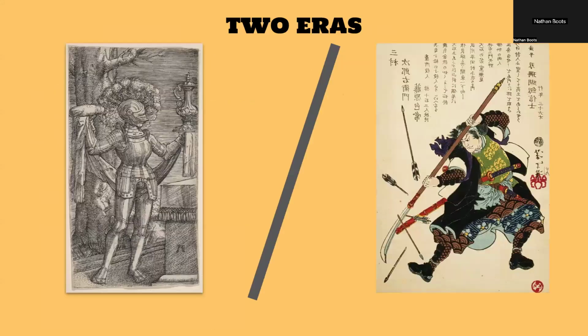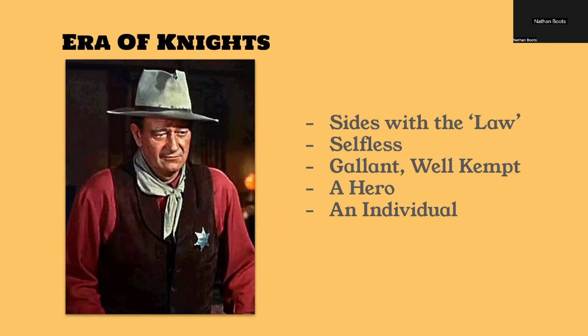Between these two eras, however, is an interesting relation, in that you have the 1940s and 50s with World War II and the aftermath of that, and then you also have the 1960s and 70s with their Vietnam War films and their cowboy films, where we get two eras. The first, with World War II, is like the era of knights, where we have John Wayne and those classic films where they're much more lawmen.